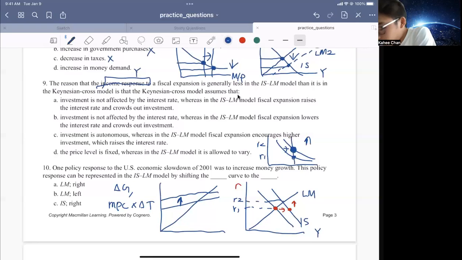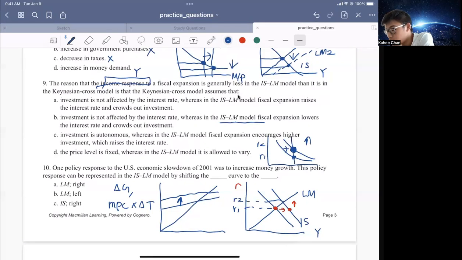So for this question, I feel like the answer will be in the IS-LM model, fiscal expansion will not lower the interest rate.